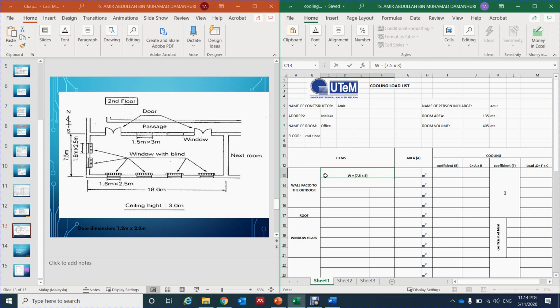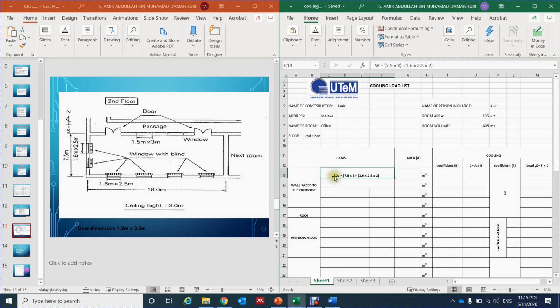So this is the area of the wall only. So now we will do 7.5 times 3, and then we have to minus the window on the wall. Here they have two windows, which is 1.6 times 2.5, and then we have to times 2, because they have two windows there.